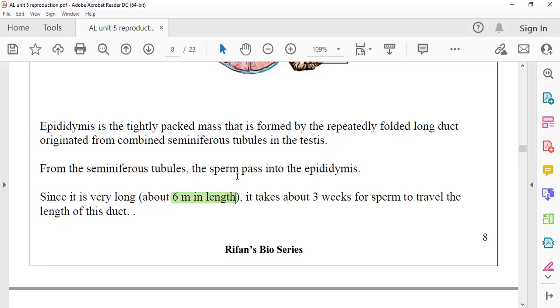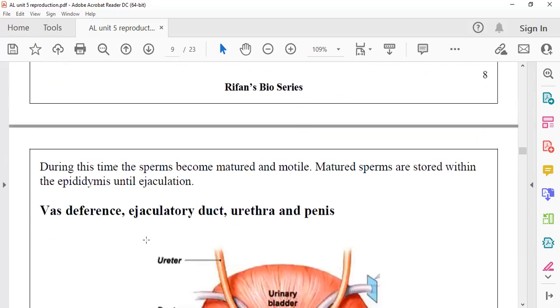So your book tells how long it will take for a sperm to travel from one end of the epididymis to the other end? 3 weeks. 3 weeks' time it will take.